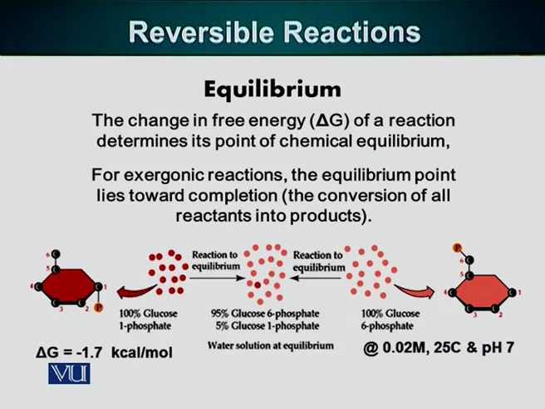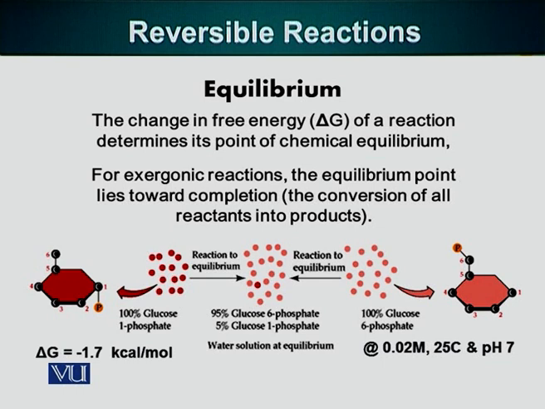So basically at equilibrium, the number of molecules of glucose 1-phosphate and glucose 6-phosphate is constant. It does not mean that individual molecules cannot change. If one molecule of glucose 1-phosphate gets converted into glucose 6-phosphate at any given time, one molecule of glucose 6-phosphate will also get converted into glucose 1-phosphate.